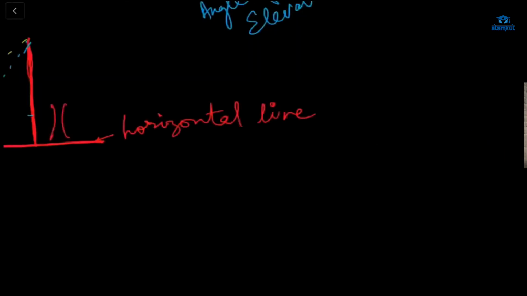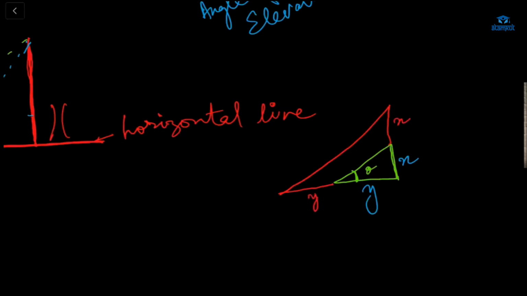For example, you have calculated this angle of elevation, theta. This is x, this is y. Now the new height is doubled. Suppose this is also x, this is also y, so the total distance will be 2y and the total height 2x. Then the angle of elevation will remain theta.